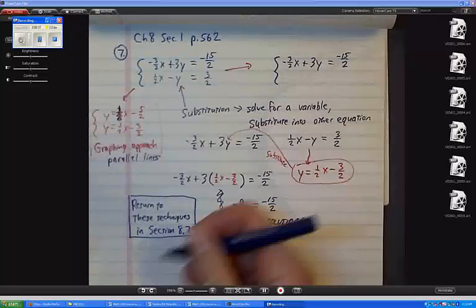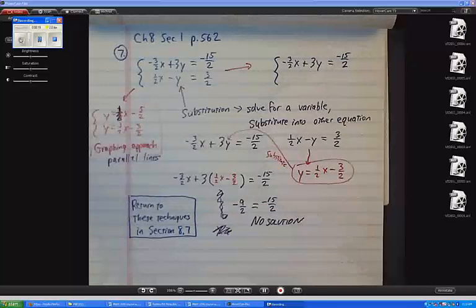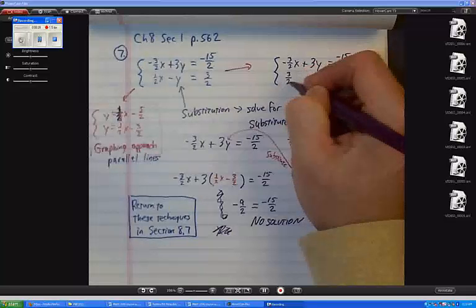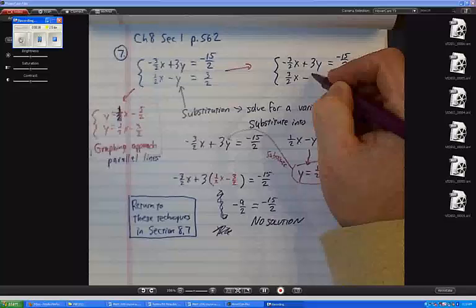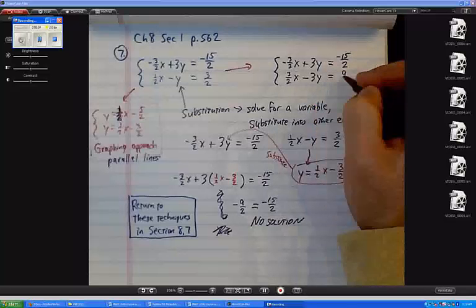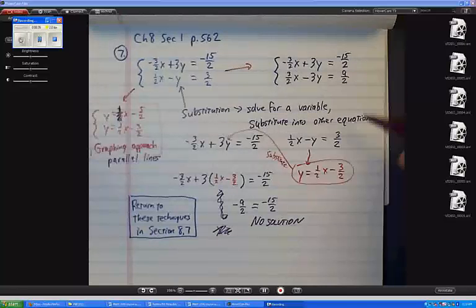And the top equation, or the bottom equation now, changes. What does it become? Well, 3/2 x, because I multiplied by 3, minus 3y is equal to 9/2. Boy, look at that. There's that negative 15 halves and that 9/2 again, kind of showing up.